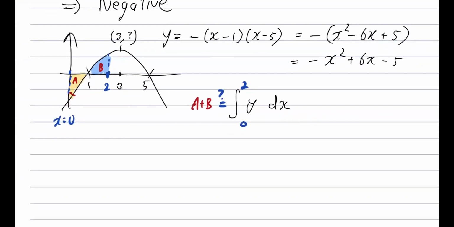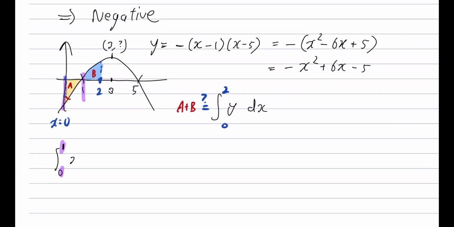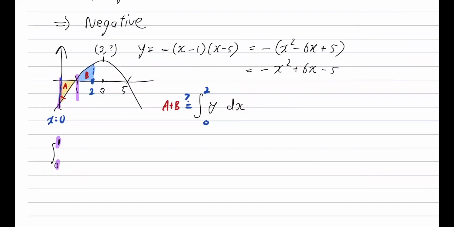Because I can quickly verify that the integral from 0 to 1, can you see that the yellow region is trapped in between 0 and 1? Integrate this function: the integral of minus x squared plus 6x minus 5 dx ends up being negative x cubed over 3 plus 6x squared over 2 minus 5x.